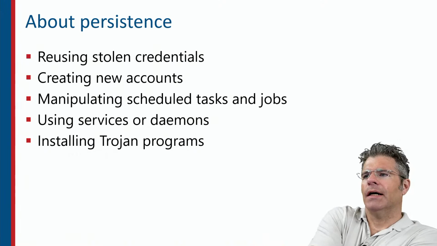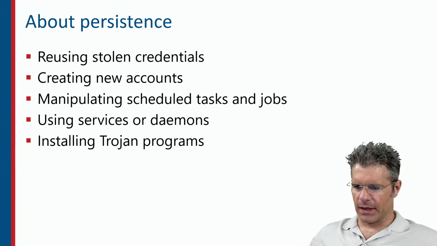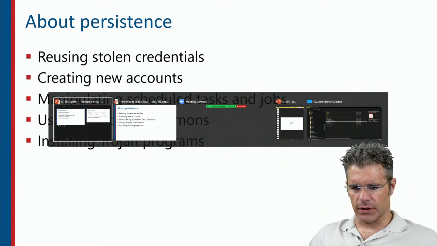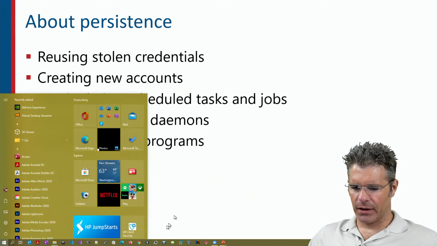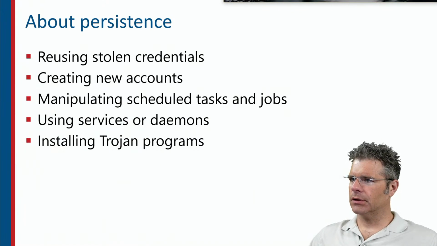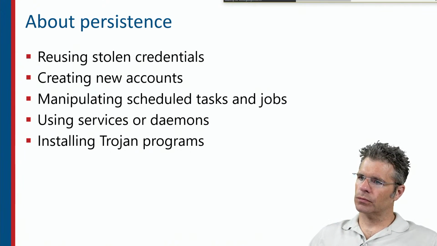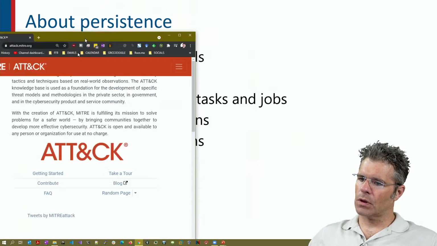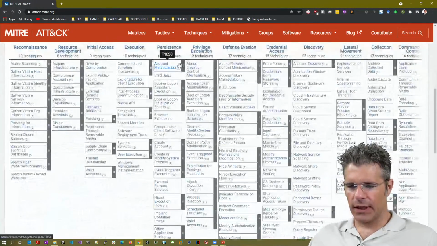So persistence, you've got options. If the way you got into a system, and I guess now is a little late to be introducing this, but the ATT&CK framework by MITRE details all of the ways you can get into a network.